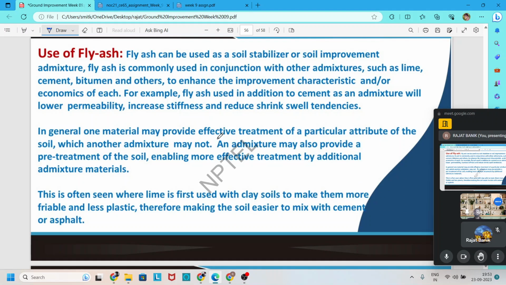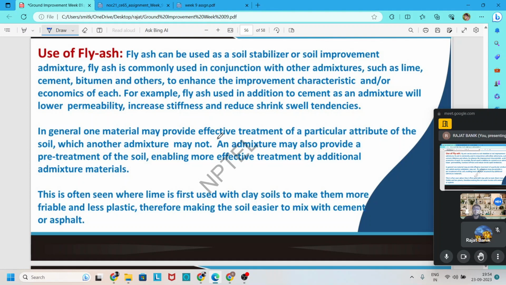So now we discuss the use of fly ash, and how we can use this fly ash during our soil stabilization. Okay, so chemical stabilization. It is said that fly ash can be used as a soil stabilizer or soil improvement admixture. Fly ash is commonly used in conjunction with other admixtures such as lime, cement, bitumen, and others.